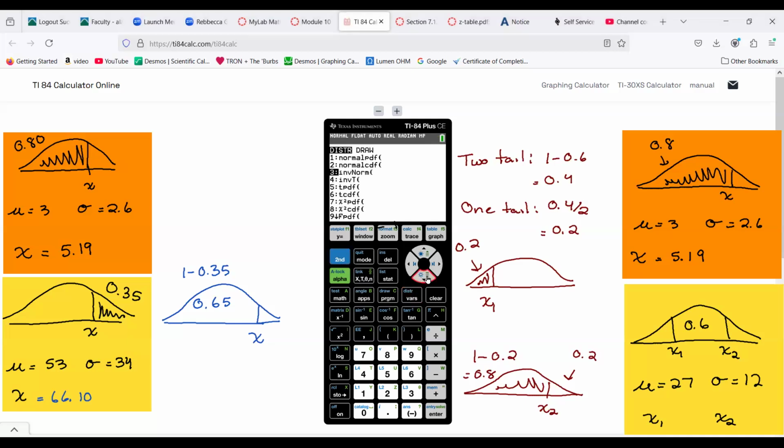We do second VARS. We go to the third choice. And for X1, my area is 0.2. My mean for this distribution is 27. Its standard deviation is 12. And what we're getting is that X1 would have to be 16.90.